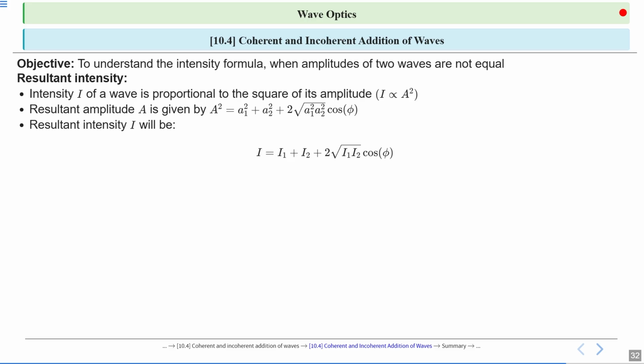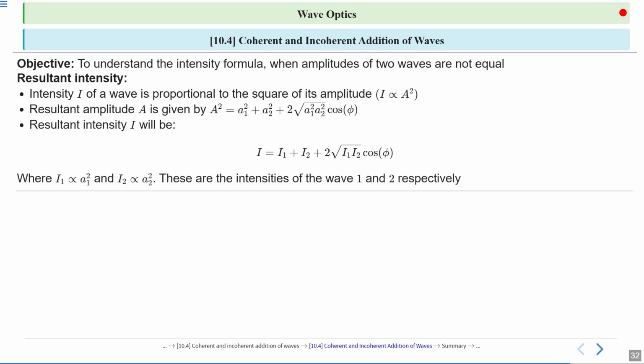So I is proportional to capital A square. A square can be written as I, A1 square as I1, A2 square as I2, so I equals I1 plus I2 plus 2 root I1 I2 cos phi. So the intensity relation will be this, where I1 is proportional to A1 square and I2 is proportional to A2 square; these are the intensities of waves 1 and 2 respectively.